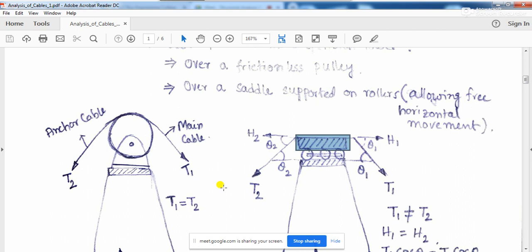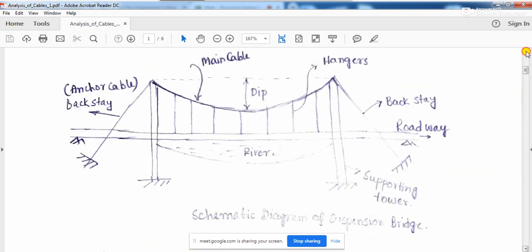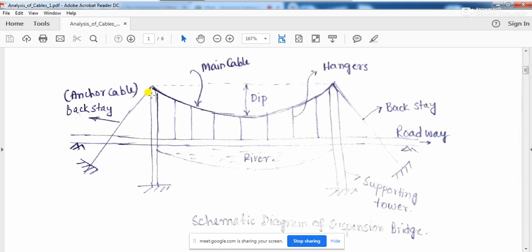Okay, first let us try to understand the mechanism of the frictionless pulley. In the case of a frictionless pulley, this is your main cable. Go a little bit to the top, and this is the point where we are seeing the mechanism at the bottom.